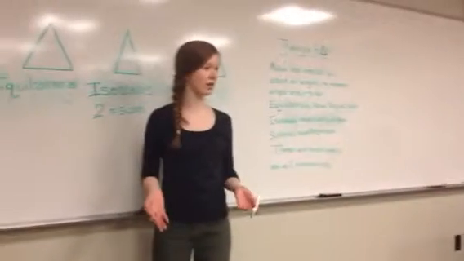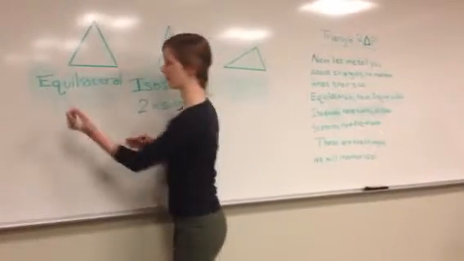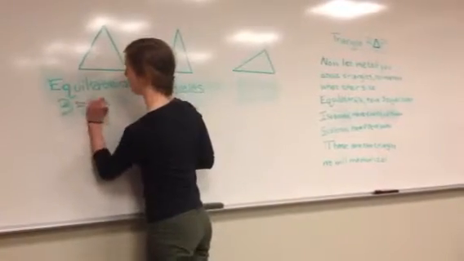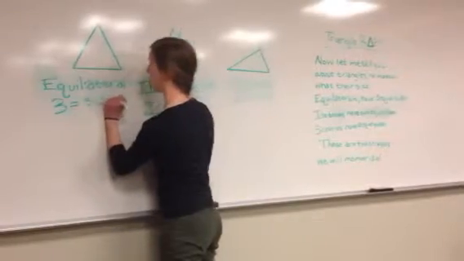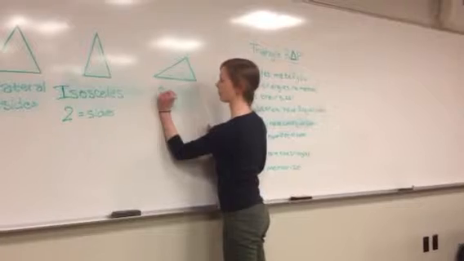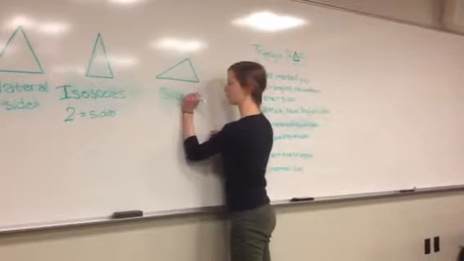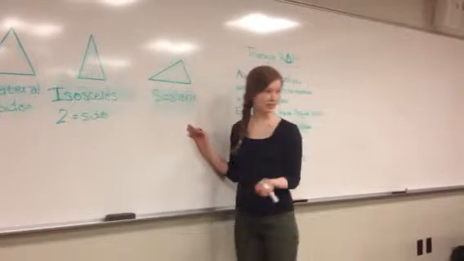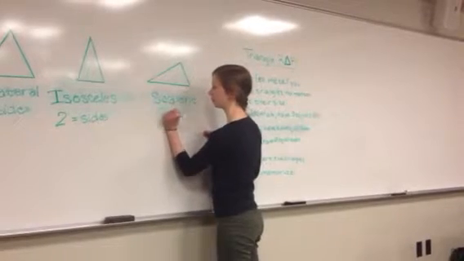Equilateral. So the equilateral triangle has all three of its sides equal. Finally, there is the scalene triangle, which has 0 equal sides.